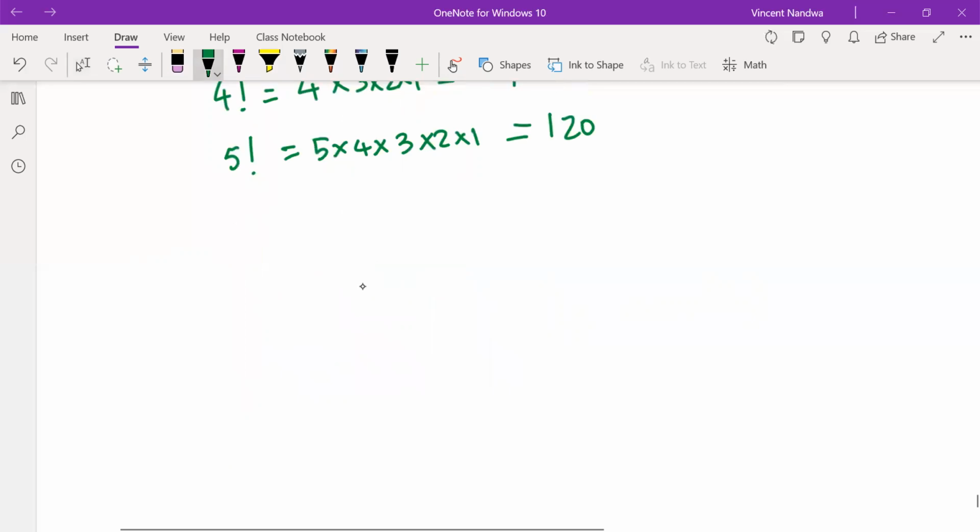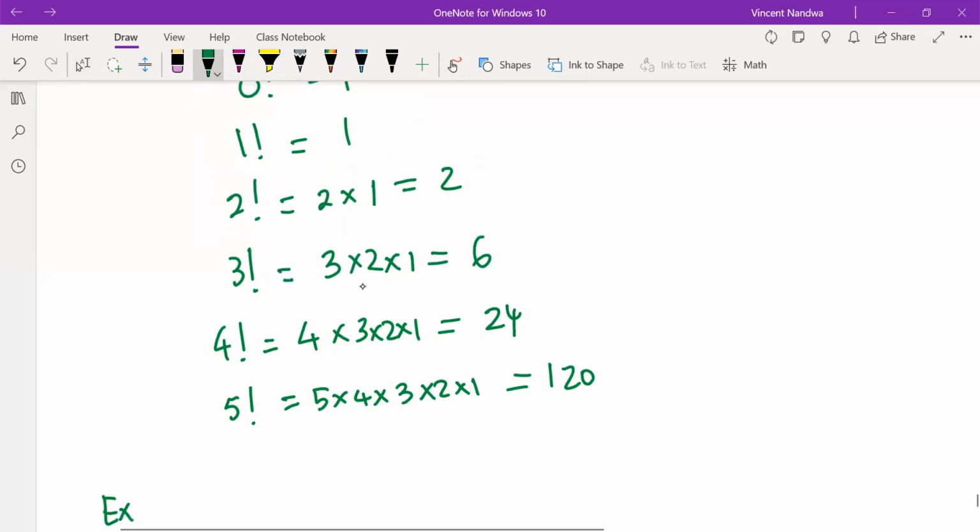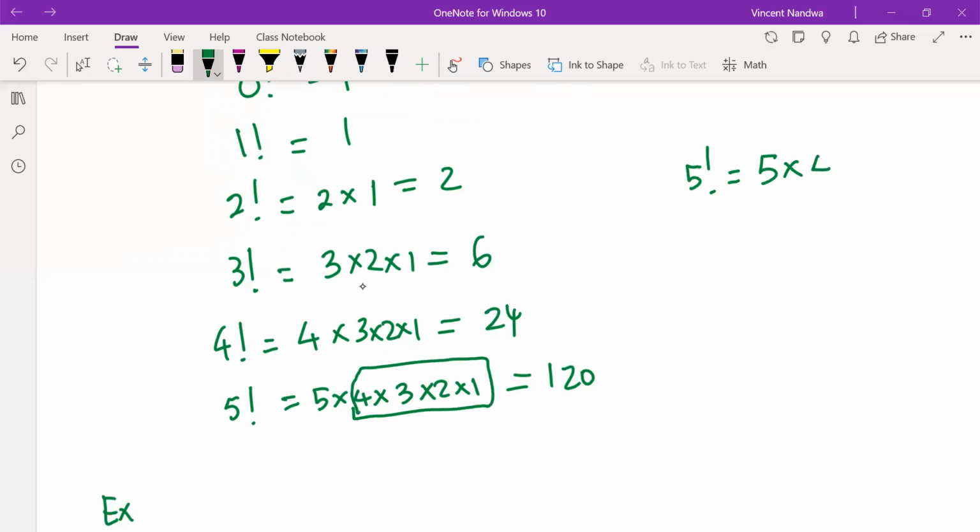So we can clearly see that you can write higher factorials in terms of lower factorials. For example, 5 factorial is the same as 5 times, if you pick from here, 4 factorial.